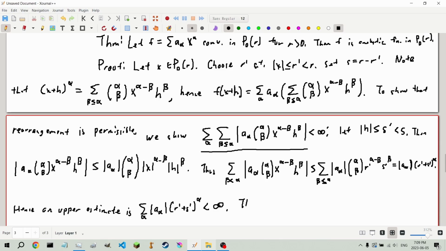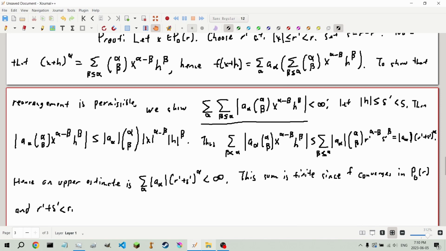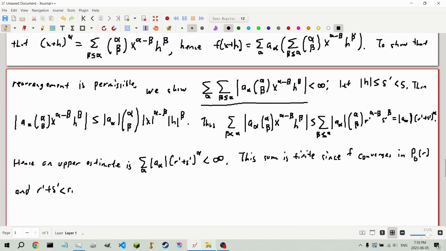Now this sum is finite since f converges in the strict polydisk of radius r and the sum of r prime and s prime is less than radius r. And this essentially gives us a lemma, I think, for free.